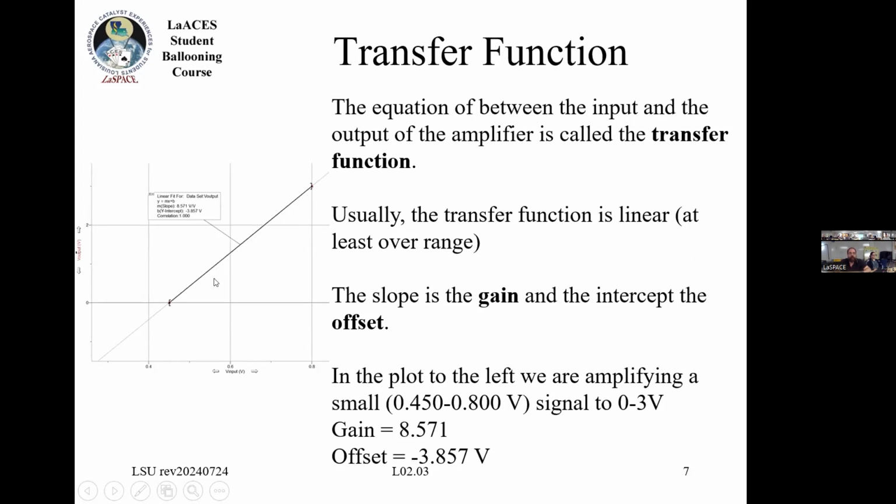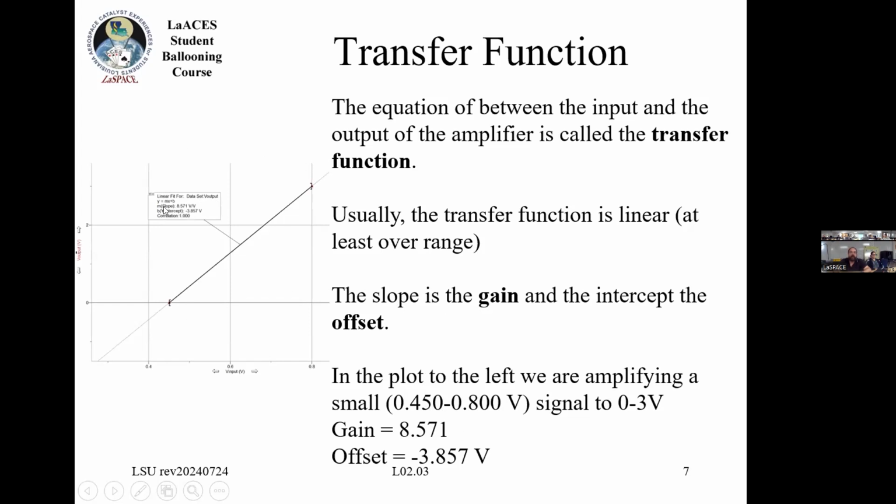So the relationship between the output and the input is going to be a linear equation. You call that the transfer function, right? The slope of this line is referred to as the gain, and the offset is just called the offset, right? So in this example, you have a small 450 to 800 millivolt signal, and you want to turn it into a 0 to 3 volt signal.